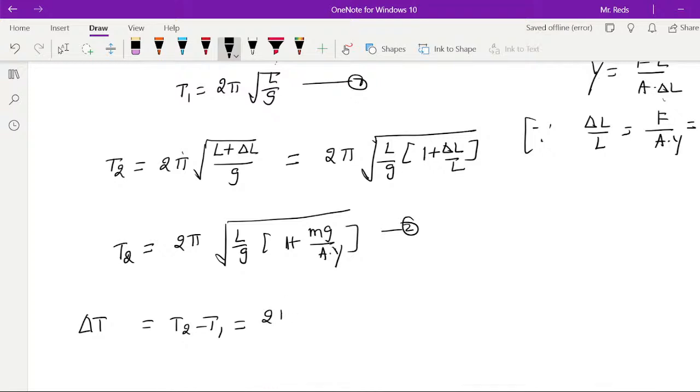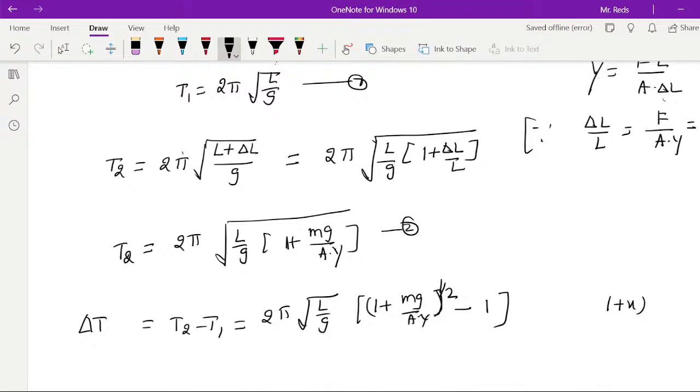So you can write 2 pi root L by g out, and in T2 you have 1 plus mg by AY under root. That root can be written as power half, minus 1.